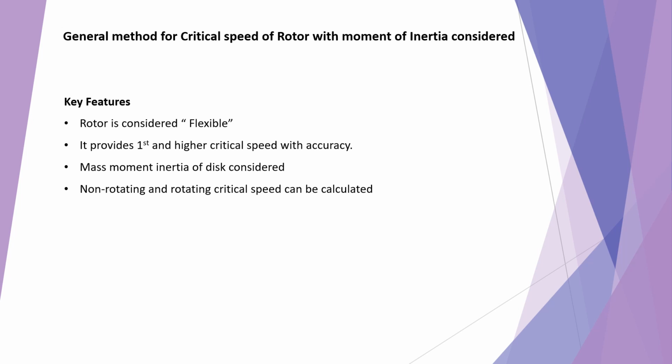This method provides the first and higher critical speed with accuracy. Mass moment of inertia of disk is considered and also calculating for non-rotating and rotating critical speed. So these are the main points that are considered for calculation of critical speed.